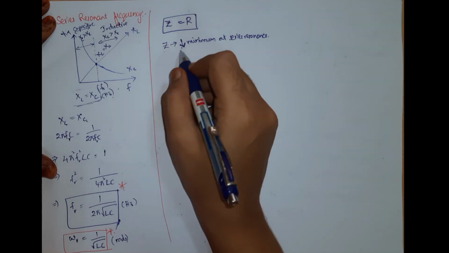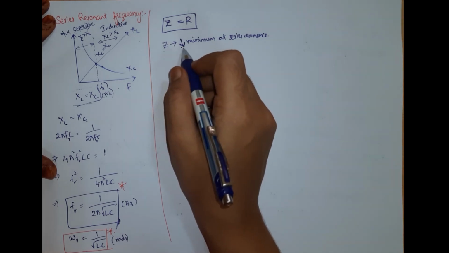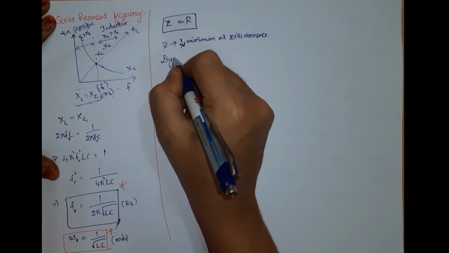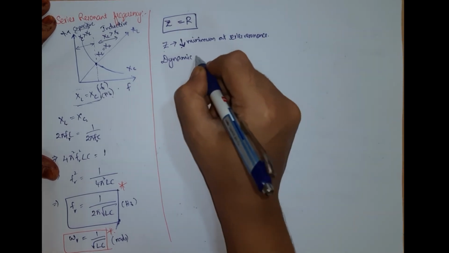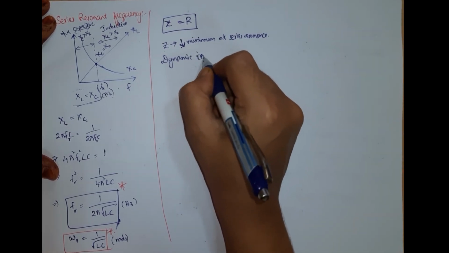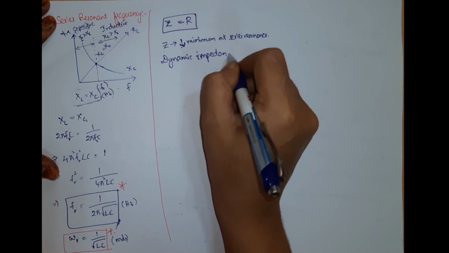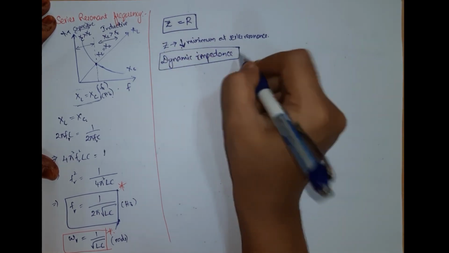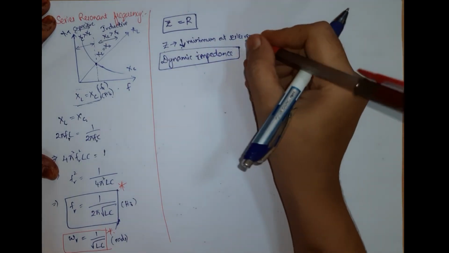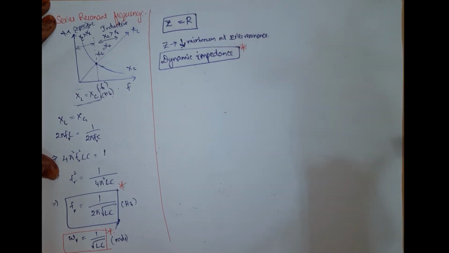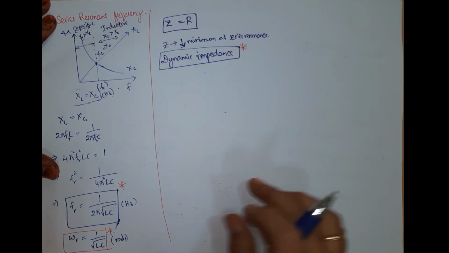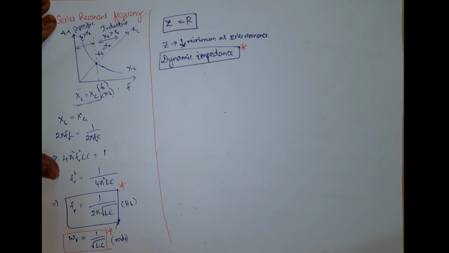So the circuit impedance at resonance is called dynamic impedance. Right? So this is about the impedance in a series resonant circuit.